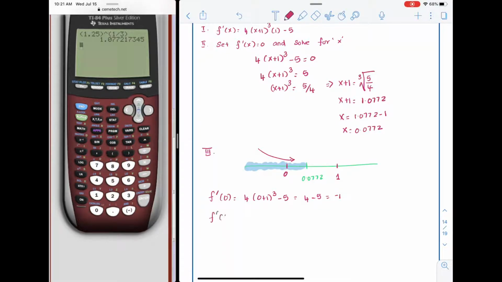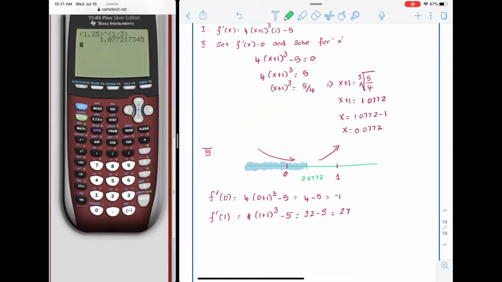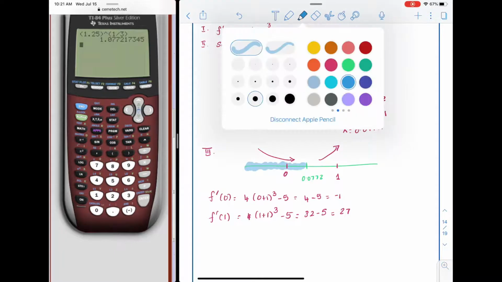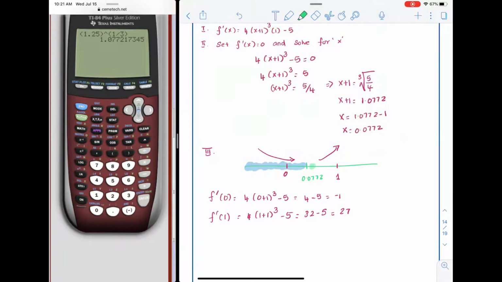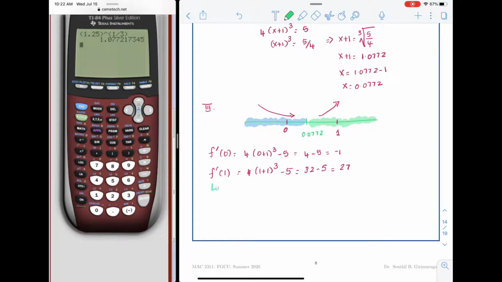Pick an easy number, which is 1. 4 times 1 plus 1 cubed minus 5, which is 32 minus 5. We get 27. Positive value, increasing on that interval.